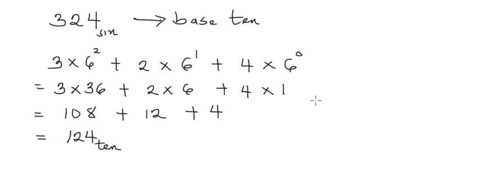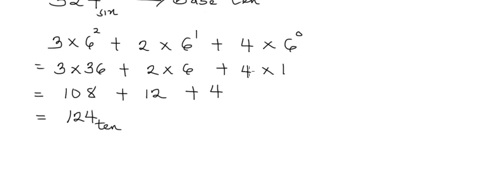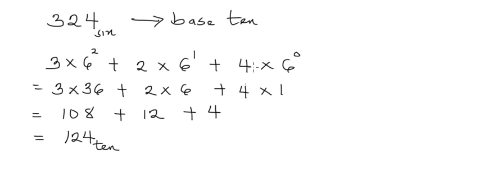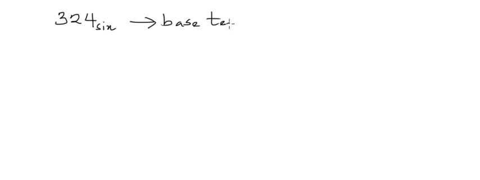Let us now move on with repeated multiplication and see what we have. Do not forget the question is 324 base 6 to base 10. So how do we work on repeated multiplication? 324 base 6 to be expressed in base 10.